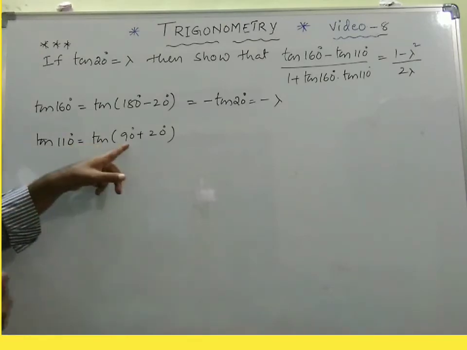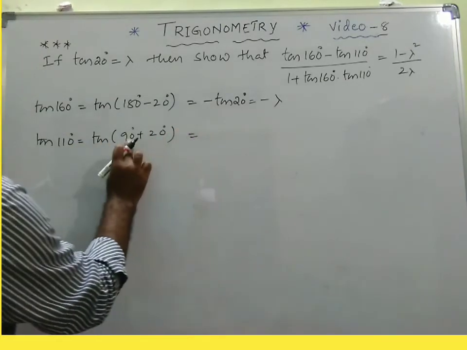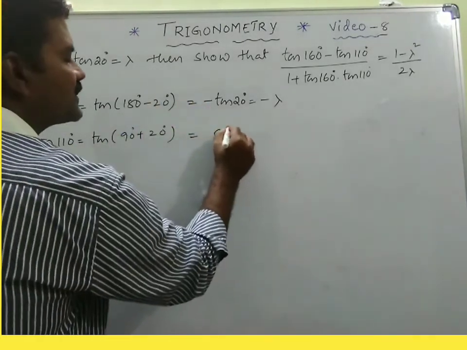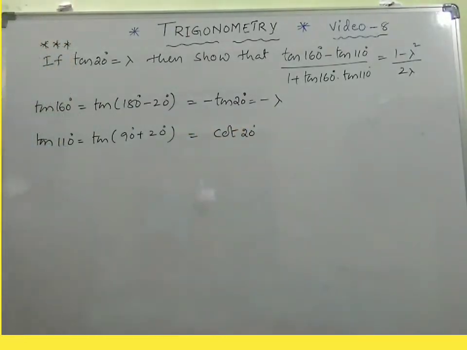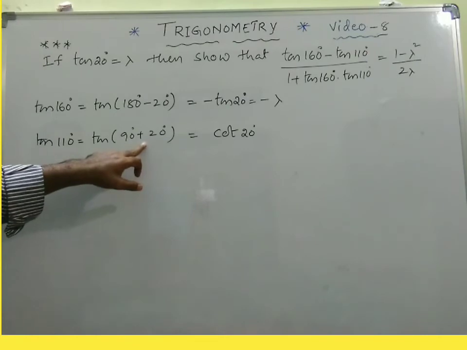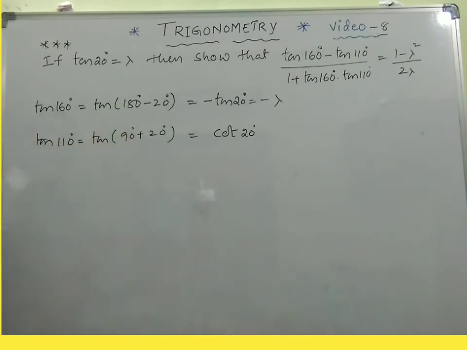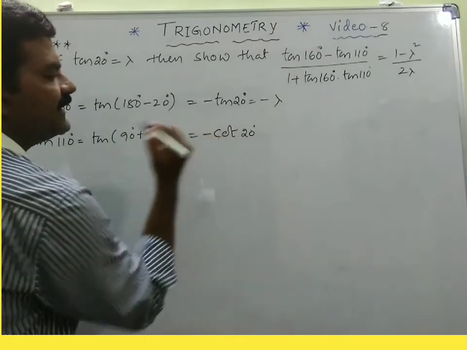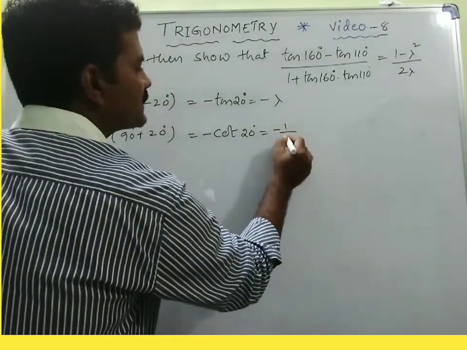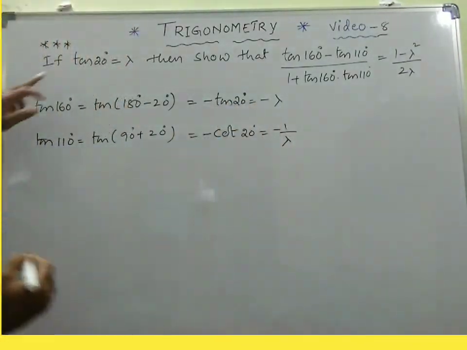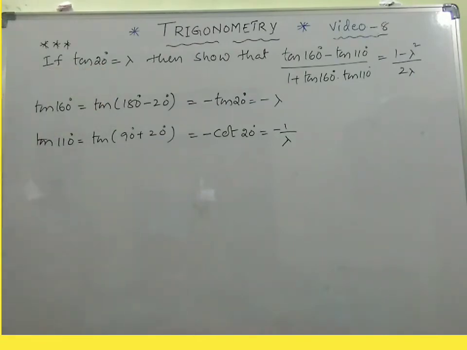And coming to 90 plus 20, because of 90, tan changes into cot of 20 degrees, and moreover 90 plus theta is also the second quadrant only. So in the second quadrant, once again tan is negative. Minus cot 20, can I write it as minus 1 by lambda, because tan 20 is lambda, then cot I can write as 1 by tan.